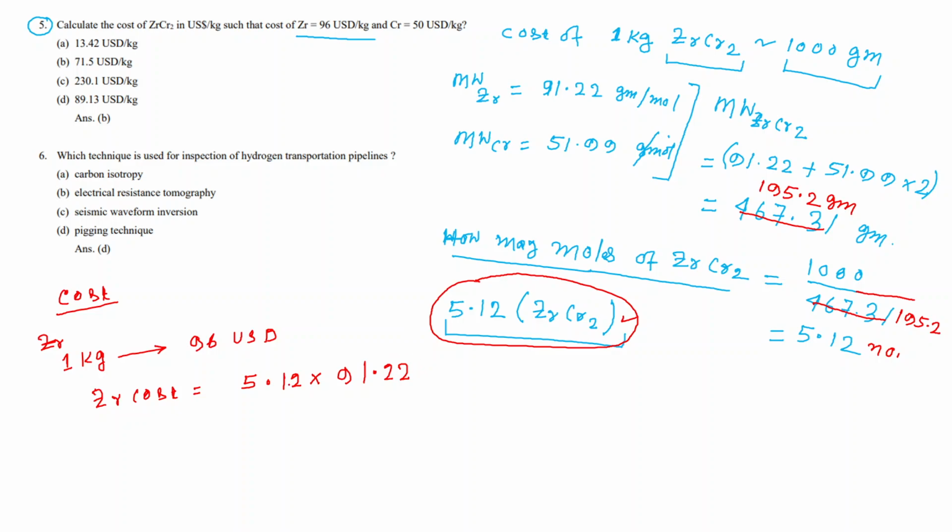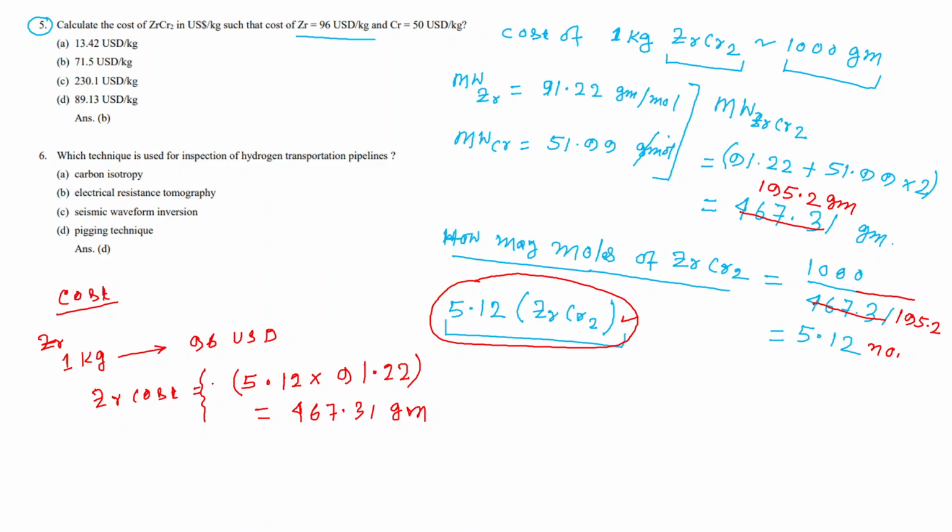So the total Zr required is this much gram. It is coming 467.31 gram Zr is required to form 5.12 mole ZrCr2.